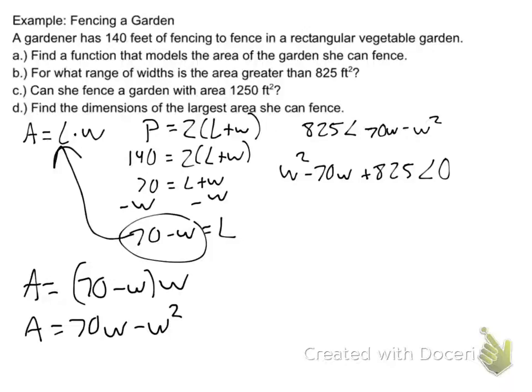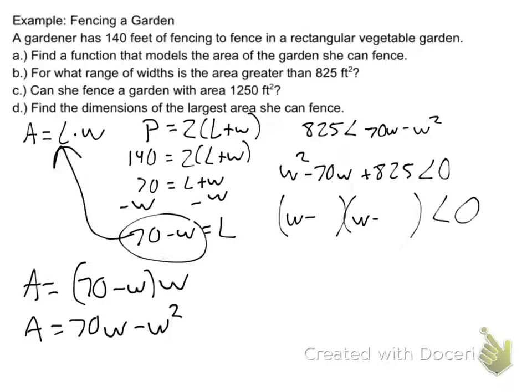I kind of sit back and ask myself, are there numbers that multiply to 825, but yet add to negative 70? First of all, the numbers would have to both be negative, yeah? So we know it'll be a w minus and a w minus. But are there numbers that multiply to 825 but then add up to 70?